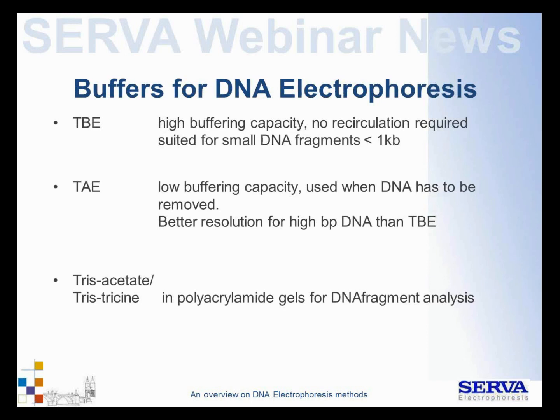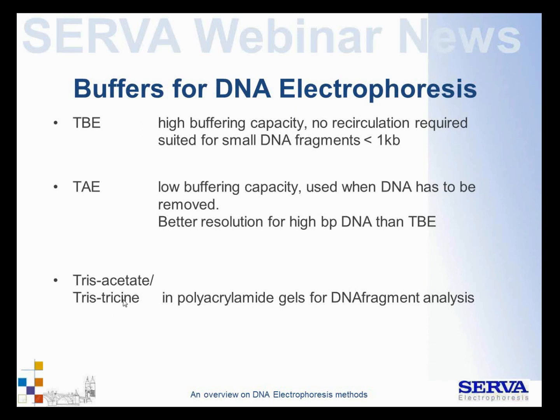But in some cases people prefer to run a TAE buffer, which is a tris-acetate EDTA buffer. The TBE, I forgot to say, is tris-borate EDTA buffer. So particularly when you run very high base pair DNA, maybe TAE is preferred. And third, this is done more in polyacrylamide gels, which I will explain a little bit later.